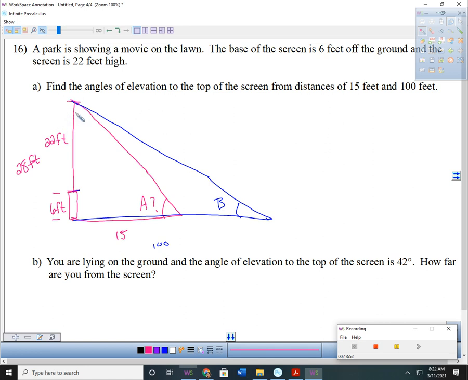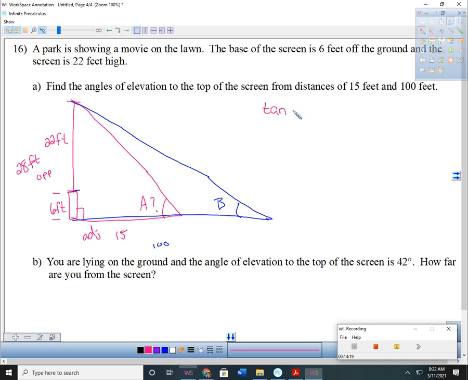All right, so I want to find this angle, and I have the side that is opposite of that angle, and I also have the side that is adjacent to that angle. And I know that because this has to be my 90-degree angle, and that's my hypotenuse. So opposite and adjacent, that would be tangent.